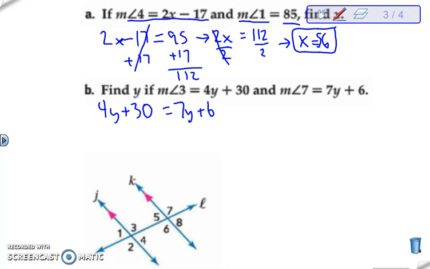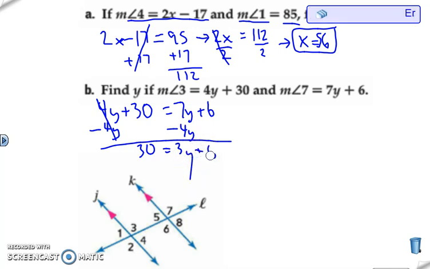Again, it's a new problem, so we can't assume that the information they gave us in the last problem is still correct unless they specifically told us that. So we're going to set up a new equation. We're going to solve for y. Right, so we can subtract the 4y on both sides. Subtract the 6.